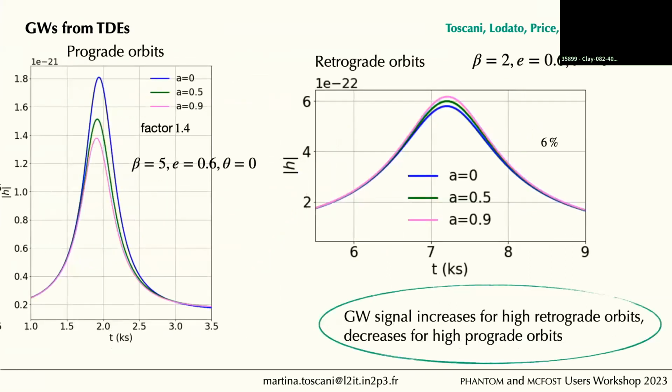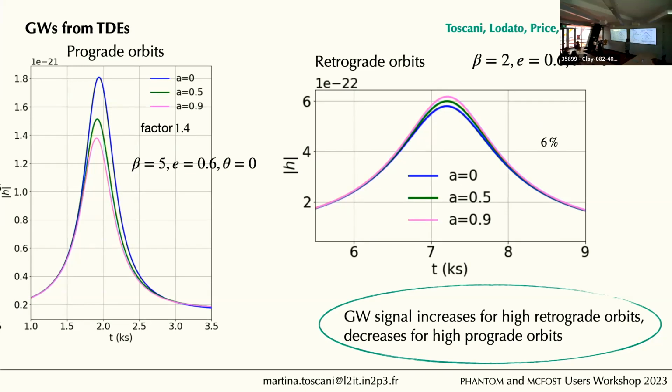Okay, so for instance, here you can see the gravitational wave signal produced by tidal disruption events where the black hole is spinning. We have different values of the black hole spin, a, and we are considering in one case prograde orbits, in the other case retrograde orbits.